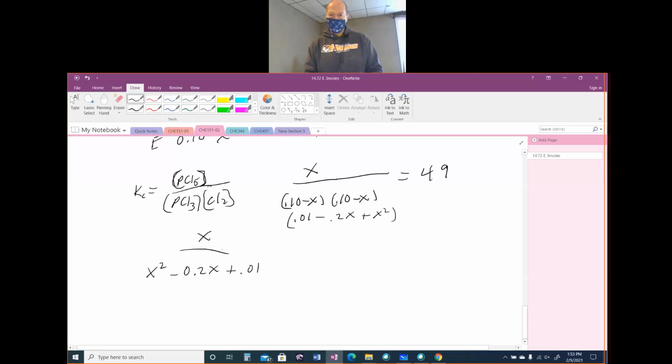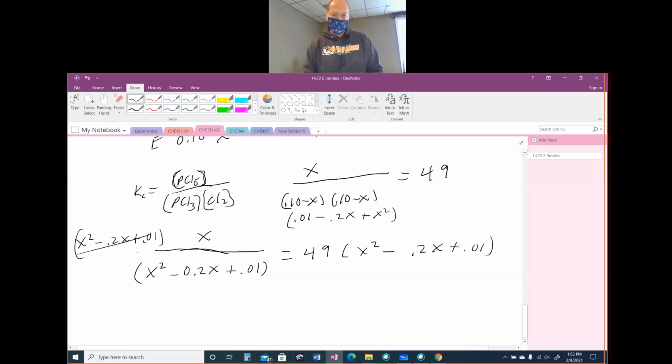I FOILed that out and put it in the correct order, and that's equal to 49. All right, so just like we did last time, I'm going to multiply both sides by x squared minus 0.2x plus 0.01.